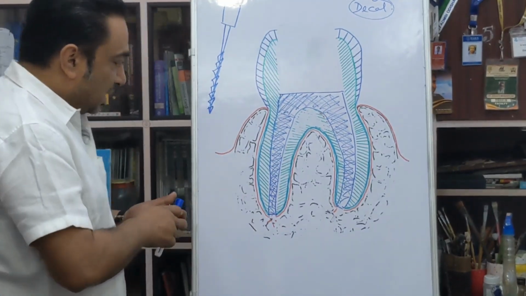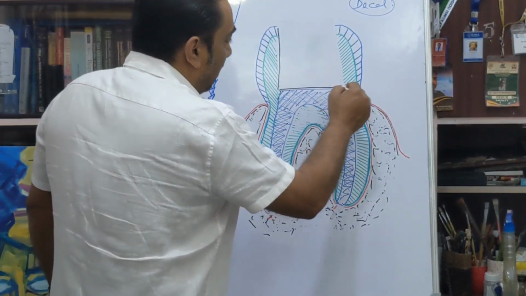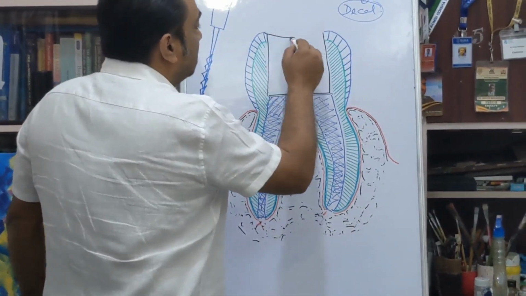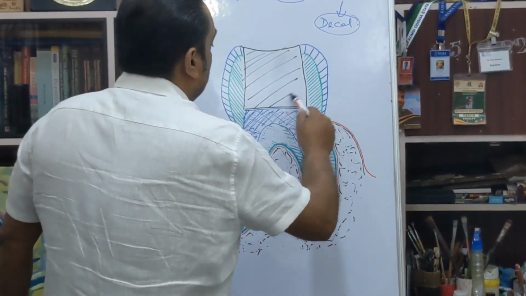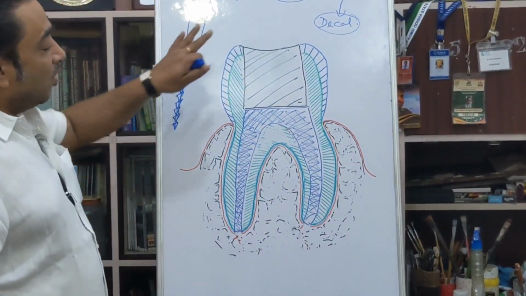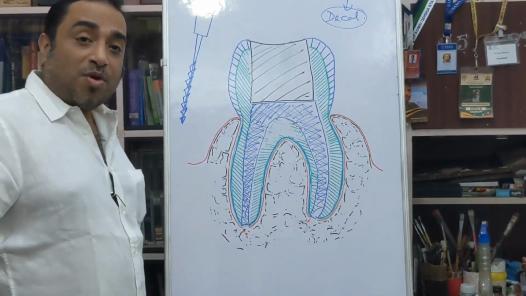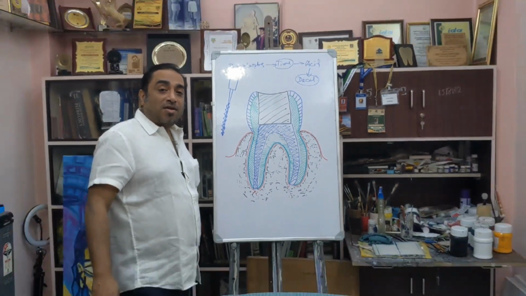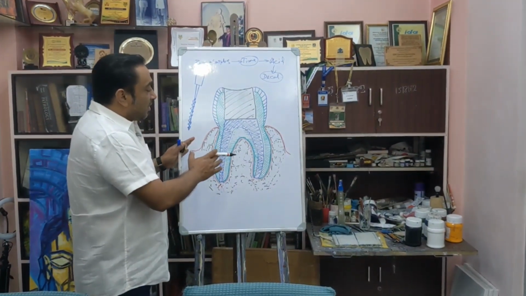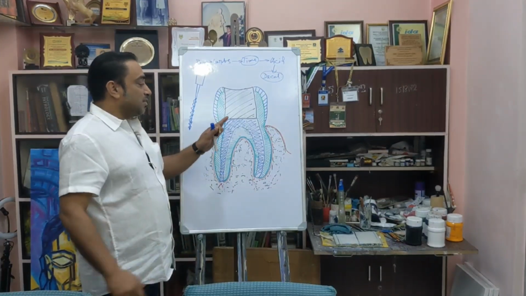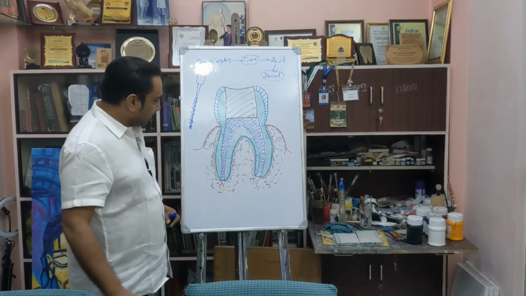At this stage, the top is also filled up with a significant amount of filling material. Now that's the end of root canal treatment, and we hope that this tooth will remain in the body without causing any pain or any infection, being an inert object that is serving its purpose of mastication and the rest.